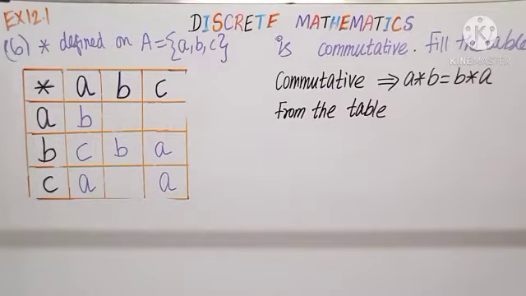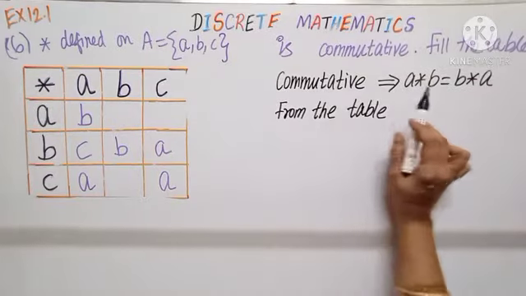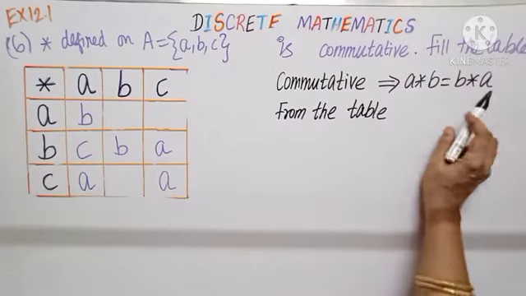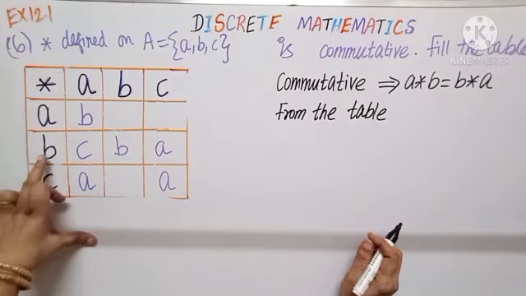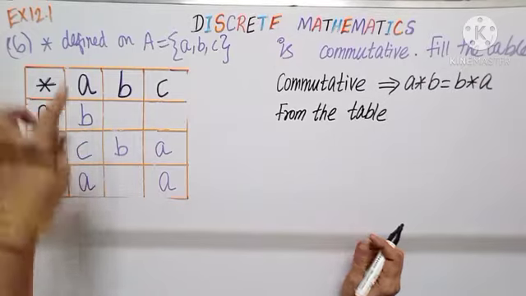Question number 6. Star defined on the set {A, B, C} is commutative. So fill the table. What do you mean by commutative law? A star B equals B star A. Check what is all given in the table. B star A is given.